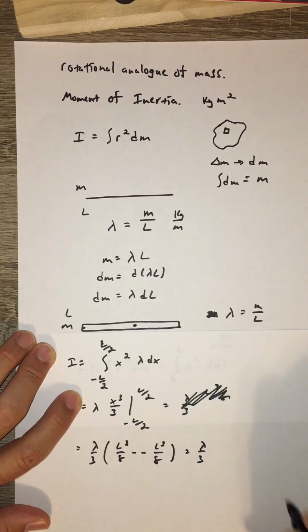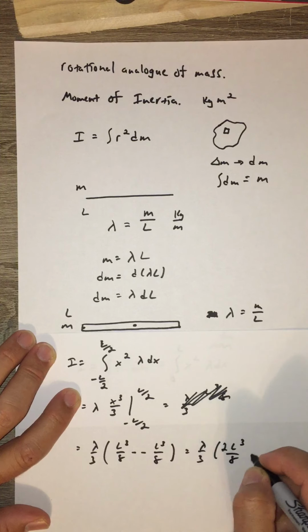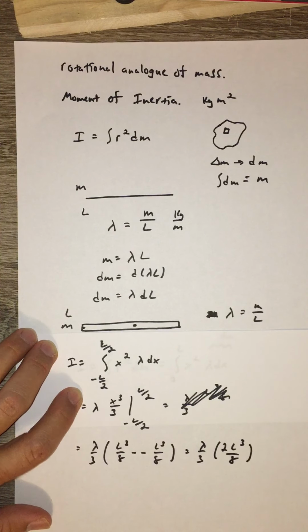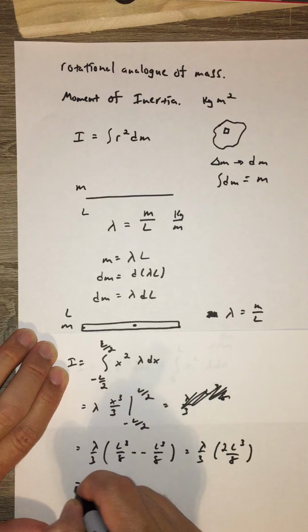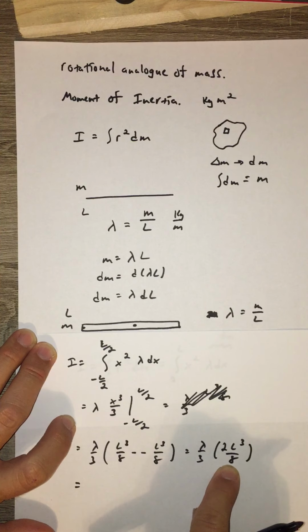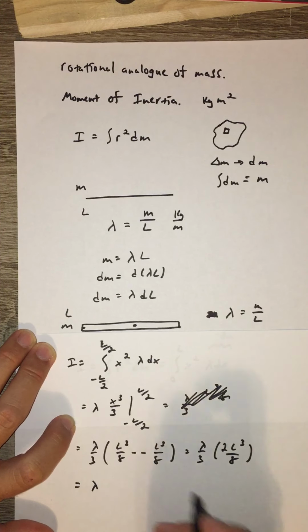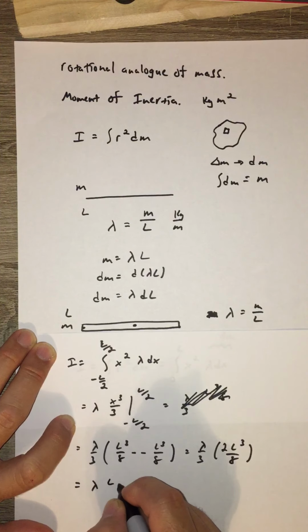which is lambda over 3 times 2L cubed over 8, which is L cubed over 4. So when I multiply the 4 by the 3, I'm going to get lambda times L cubed over 12.